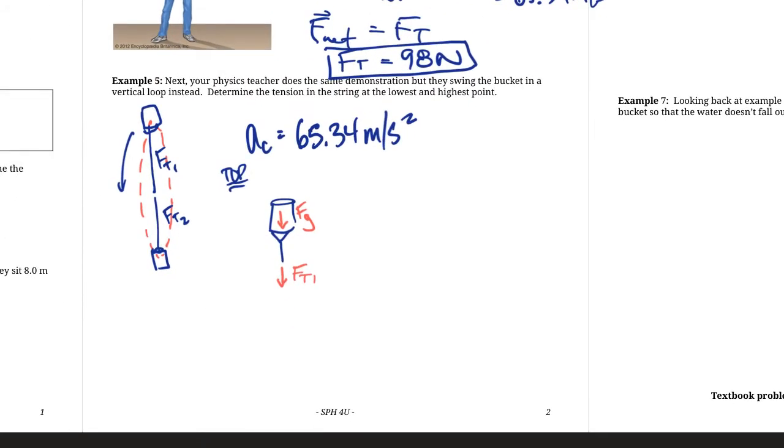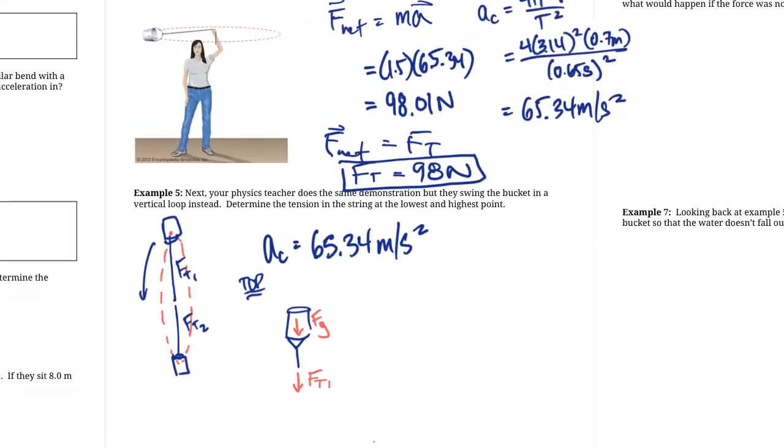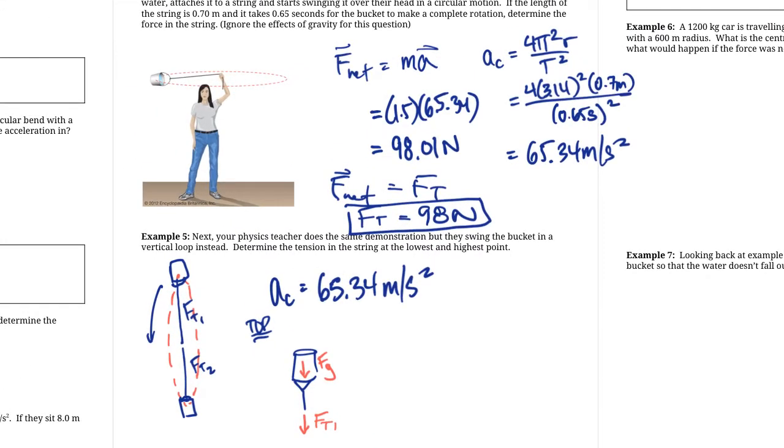So that's interesting. We have a force of tension pulling it down, and we also have a force of gravity pulling it down. So what can we do here? Is this net force going to change? The mass of the bucket hasn't changed, and the acceleration is constant. It doesn't matter where on this loop it is, it's constant. So isn't the net force still going to just be equal to 98.01 newtons?